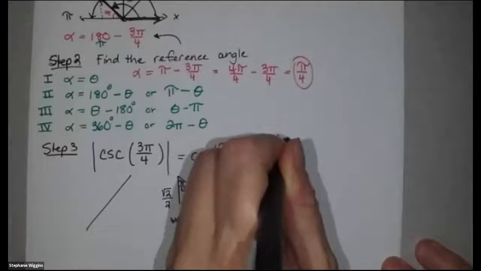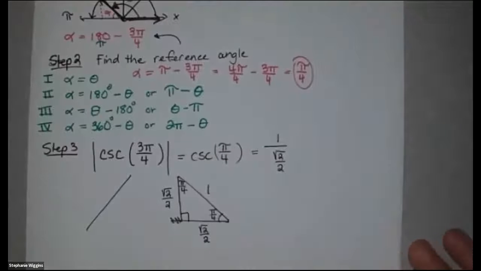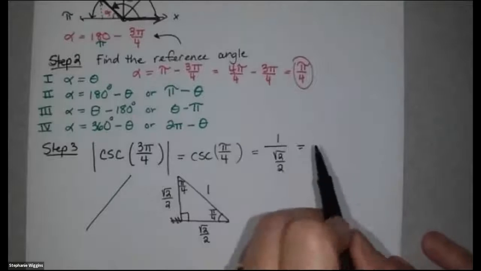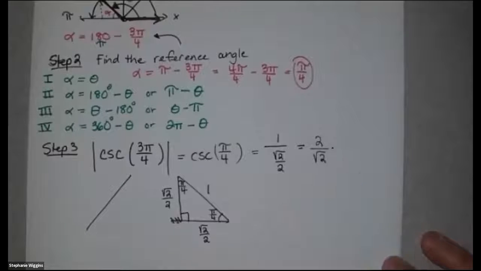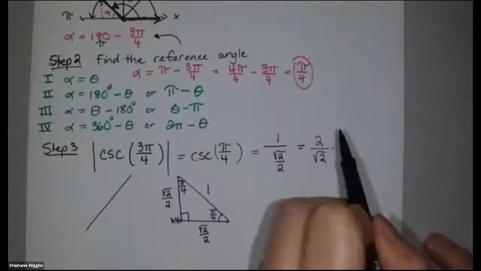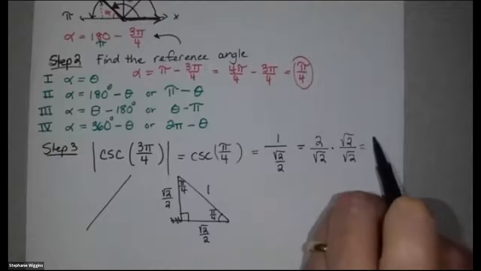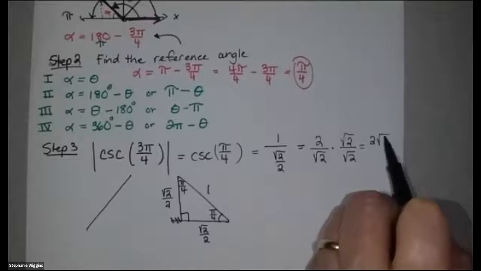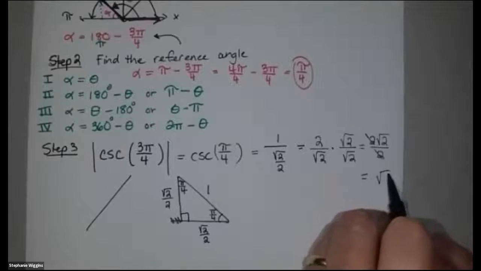So we're going to go 1 over square root of 2 over 2. And this is going to be the reciprocal. And then, of course, we want to rationalize the denominator. And you're going to get 2 square root of 2 over 2. The 2's will cancel, and you get square root of 2.